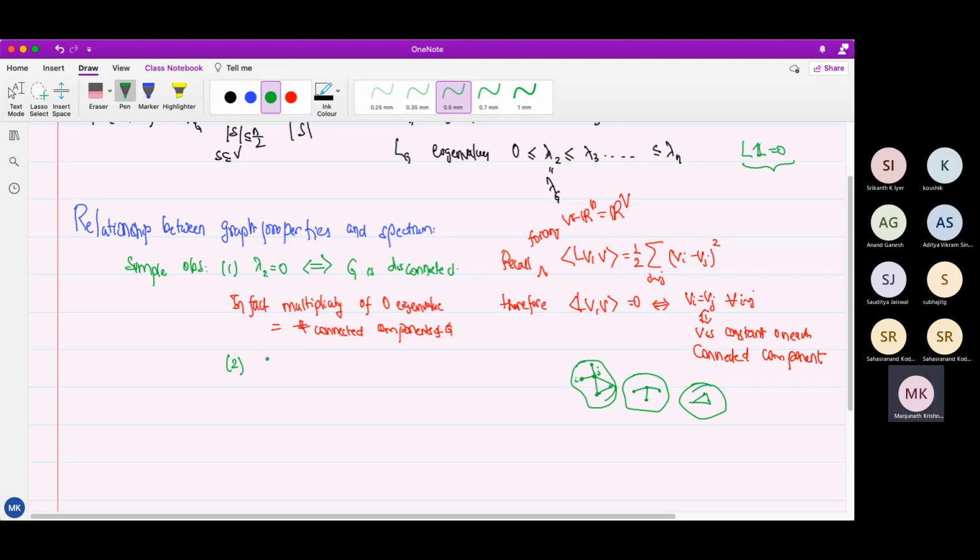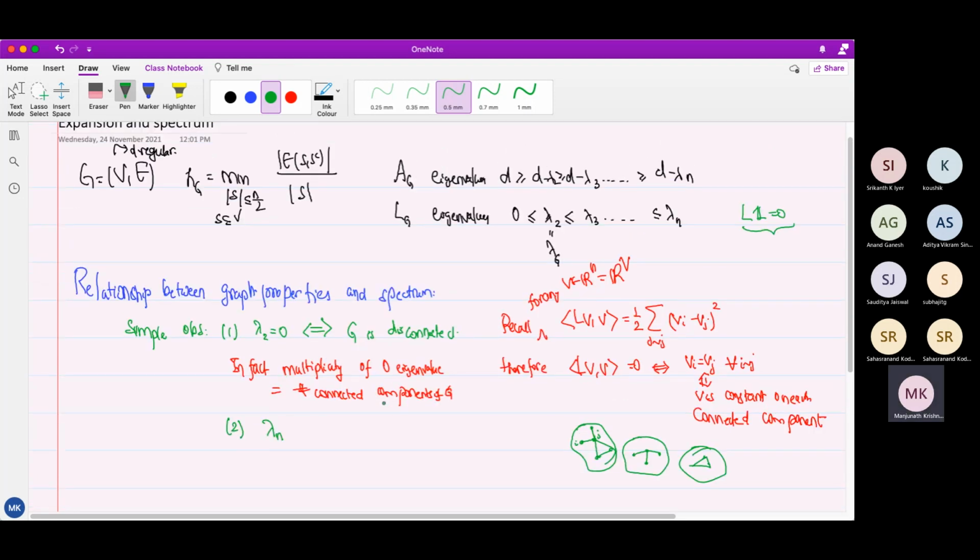There's another one, not important for me, but it sometimes comes up. Lambda n is at most 2d. That is the minimum eigenvalue of A. If you look at A, this looks a bit unnatural.